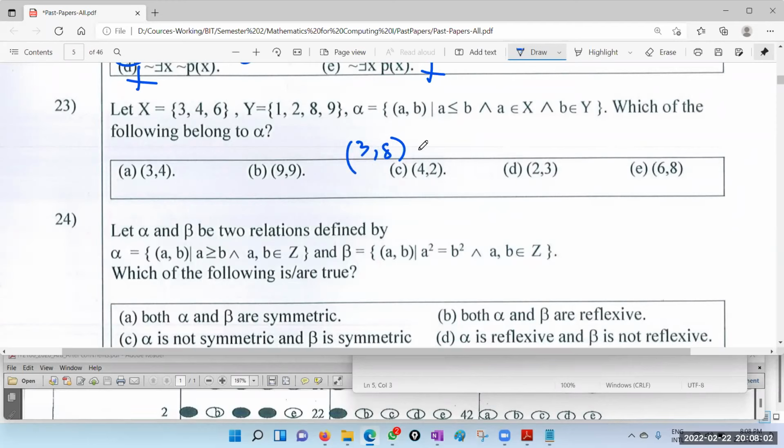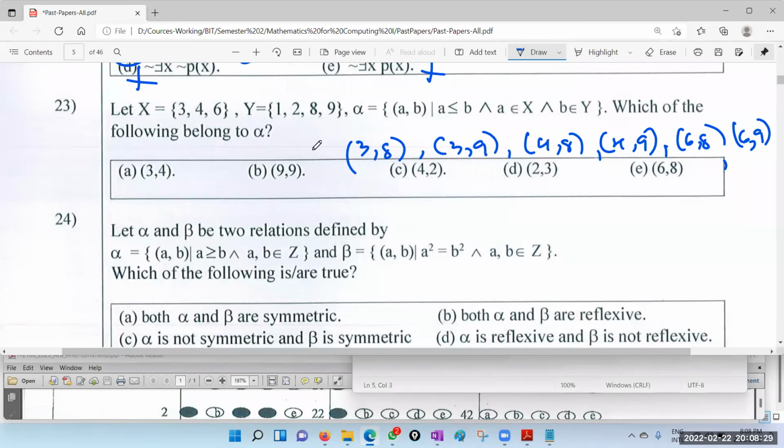Then what about 3 9? Yes. So then 4 8 yes, and 4 9. Then 6 8 and 6 9, right? That's it. Yes.